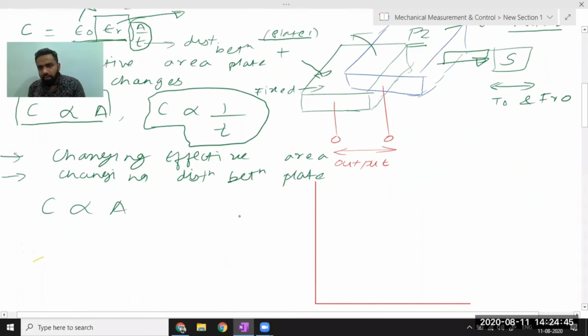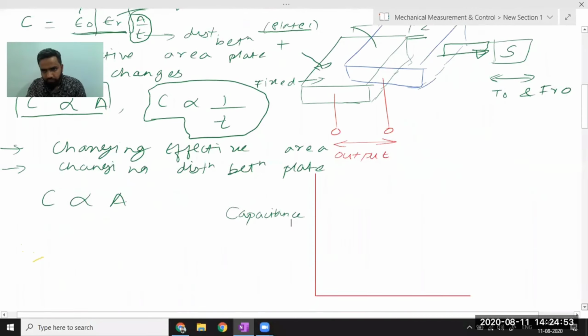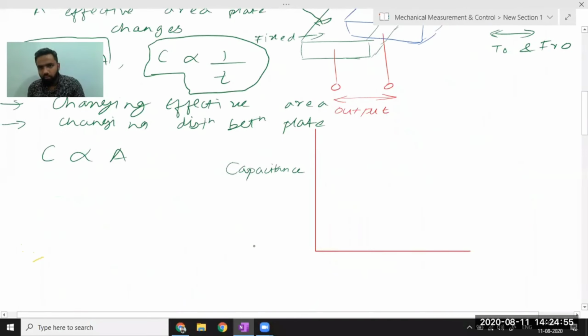Now if I try to plot capacitance with respect to area, I know that as area changes, capacitance will also change.